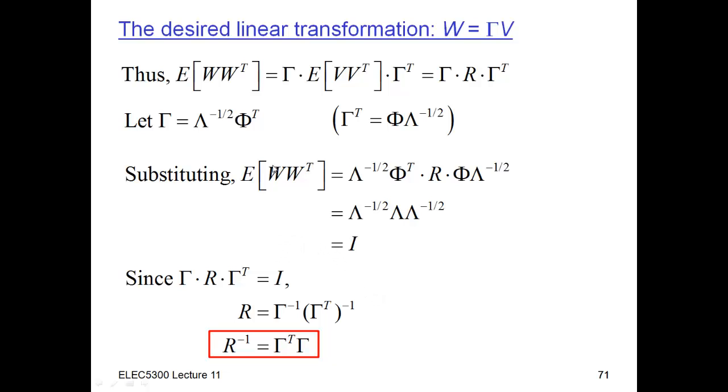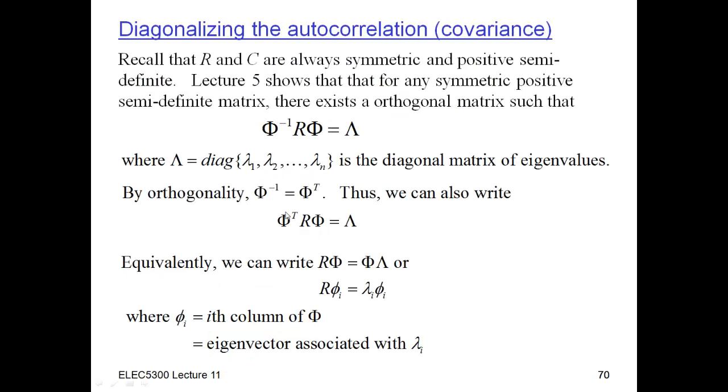So the desired linear transformation of the data is to multiply by a matrix that depends on that eigenvalue decomposition.